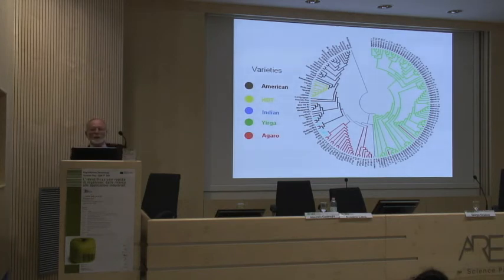Okay, now we constructed this genealogical tree on the basis of genetic diversity, and with great surprise for us, we discovered that the varieties collected according to their geographical origin. So all the black Arabica Americans.